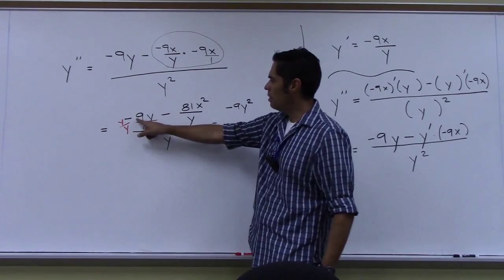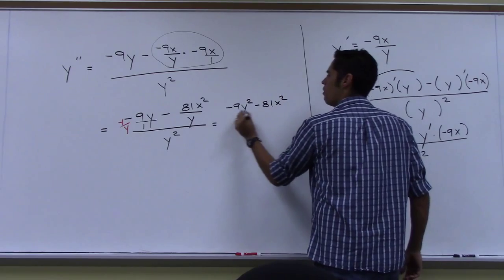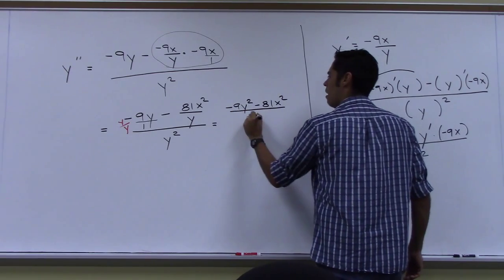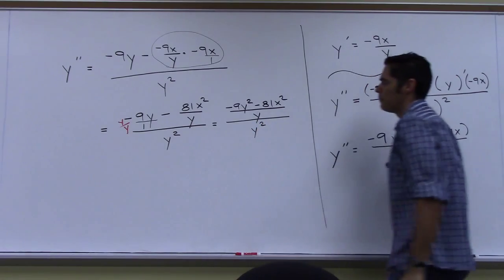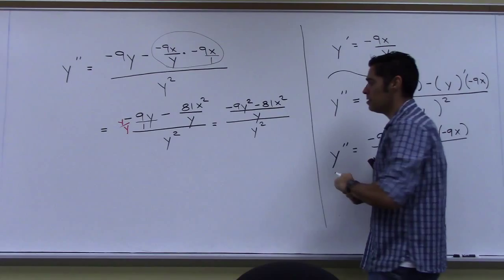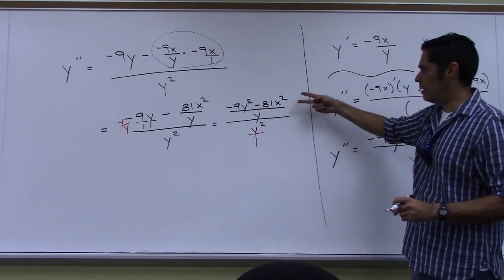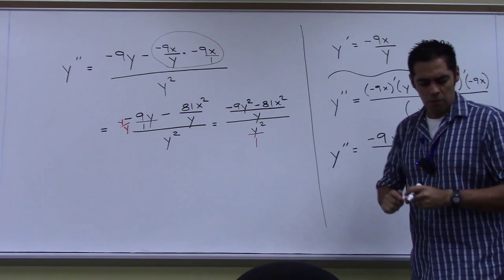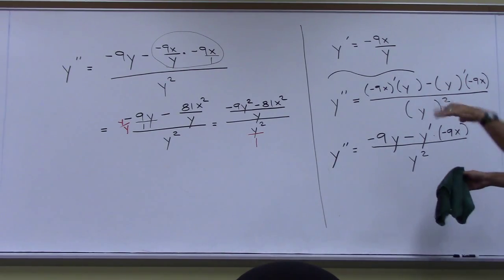That's this. Then minus 81x squared over y, over y squared. And you can look at that y squared on the bottom as being like y squared over 1, and then flipping like this. So what will that turn into? A y cubed on the bottom. And everything on top is still the same.